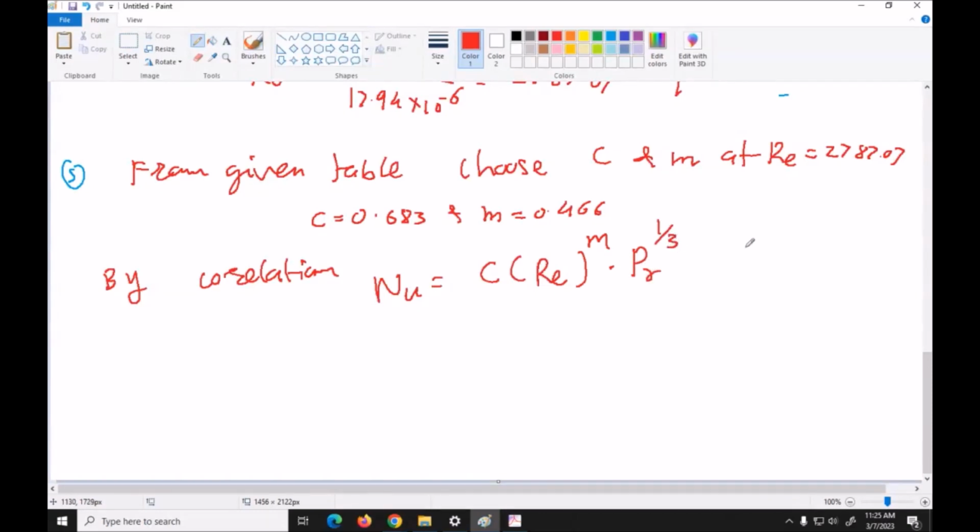By correlation or empirical relation, Nusselt number is equal to C, Reynolds number to the power m, Prandtl number raised to 1 by 3. This is given for horizontal cylinder and for vertical flat plate.